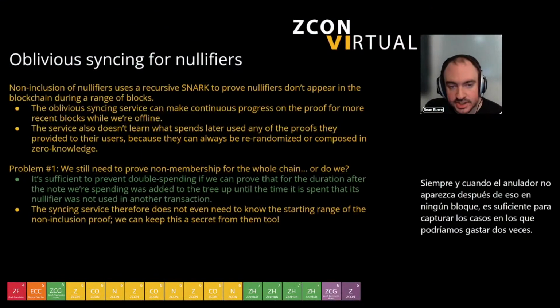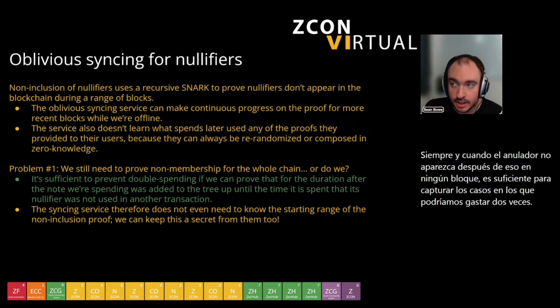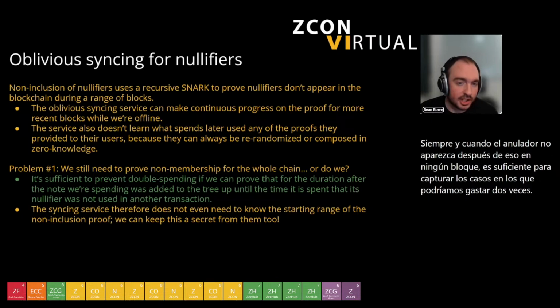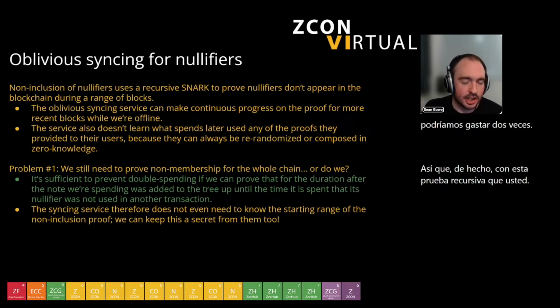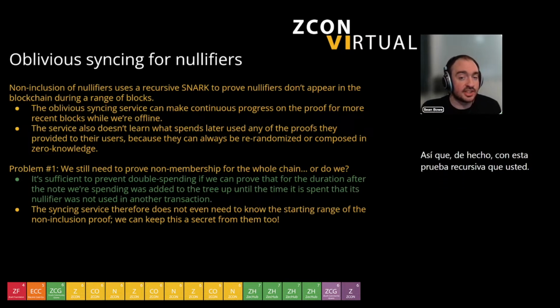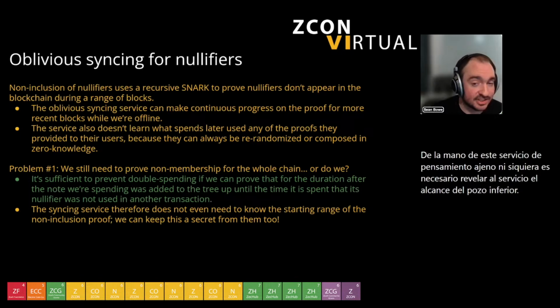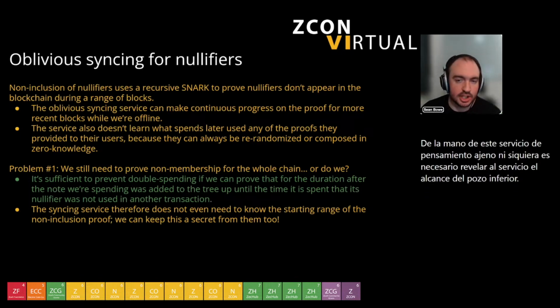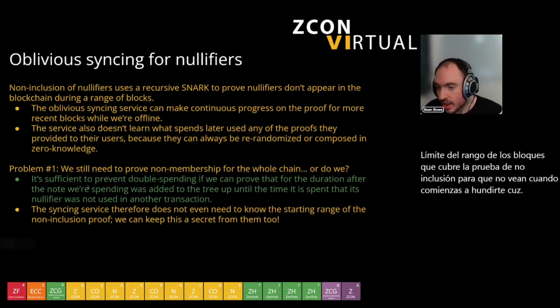So in fact, with this recursive proof that you hand to this oblivious syncing service, you don't even have to reveal to the service the lower bound of the range of blocks that the non-inclusion proof covers, so that they don't see when you began syncing, because you can keep that as an encrypted base case for the recursive proof.